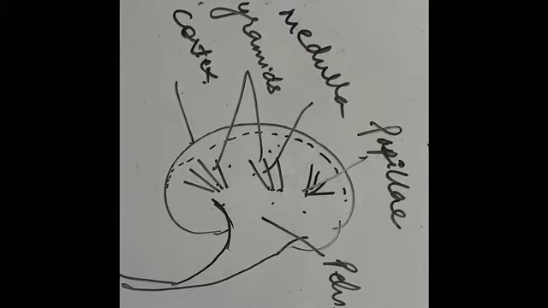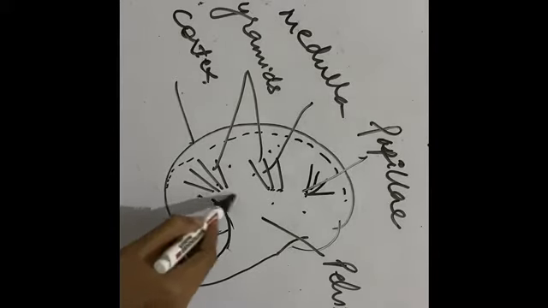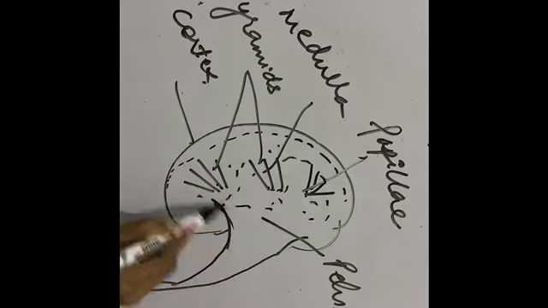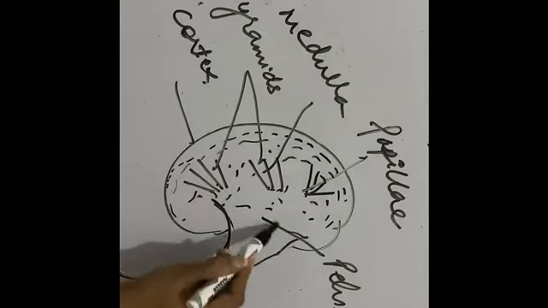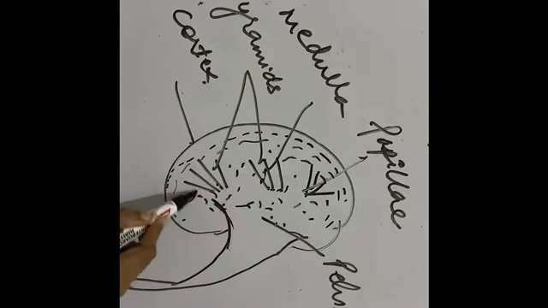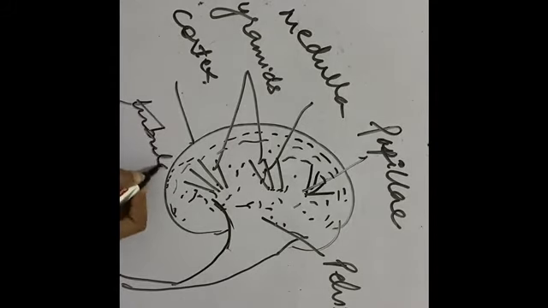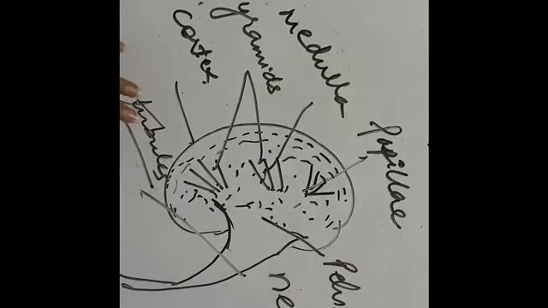Apart from this, the kidney is full of millions of tubes or pipes, millions of tubules, which are known as nephrons. As the cell is the basic unit of life, similarly, nephron is the basic unit of the kidney.